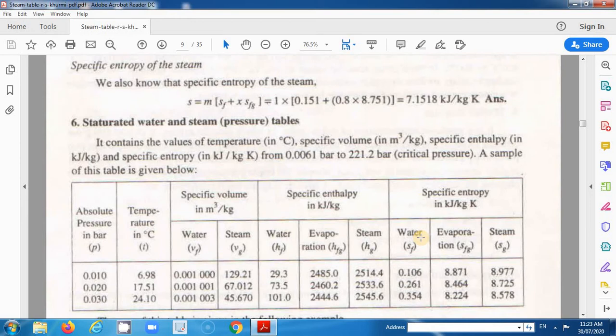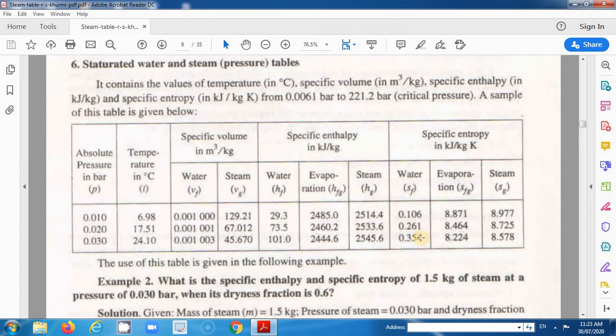The first column is pressure, and that pressure starts from 0.0061 bar to the critical pressure value, that is 221.2 bar. Here also, as in the last one, we have taken the abstract. Three values are abstracted from that steam table to solve this given example.